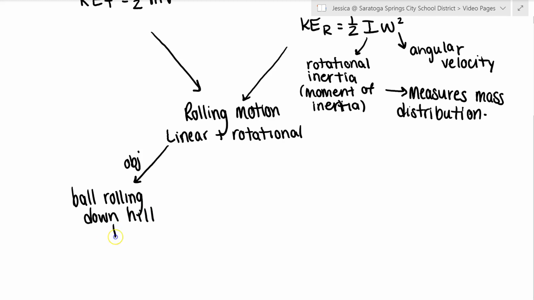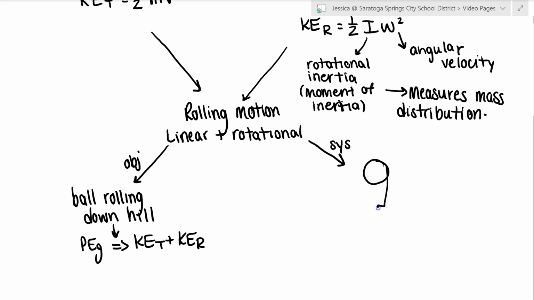In that instance, the gravitational potential energy is going to convert into rotational kinetic energy and linear kinetic energy. Or if we have more of a system that we're thinking about, we might have a pulley with a mass hanging off of it, and as this mass falls vertically, the pulley begins to rotate.